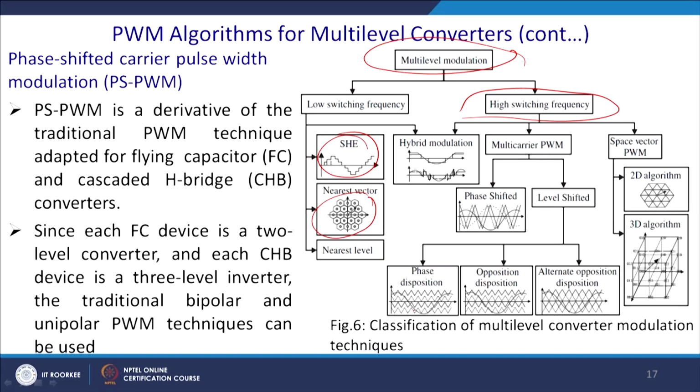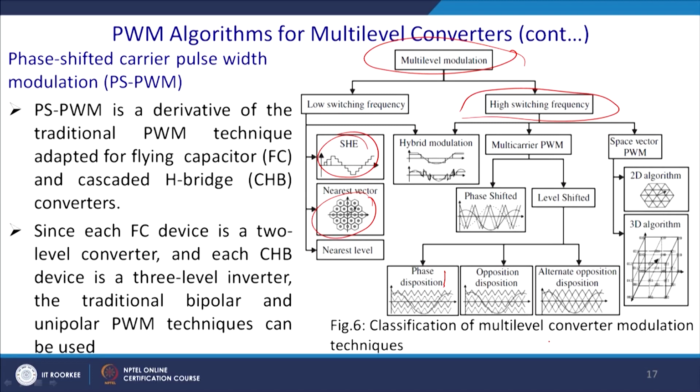The level shifted PWM is actually phase disposition, so the carriers are in the same phase, opposition disposition, so these are anti-phase, and alternate phase opposition disposition. All the permutation combinations are possible, and all have their own advantages and disadvantages, even at different modulation indices.